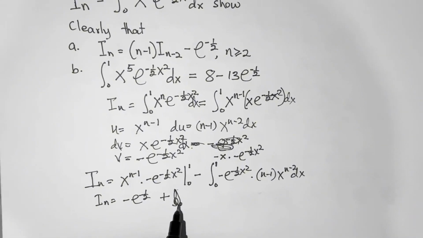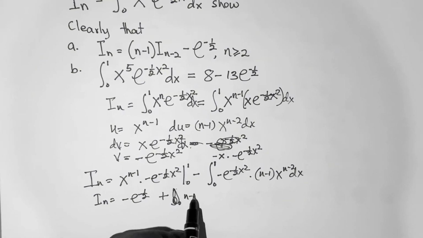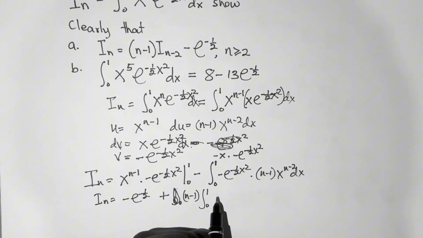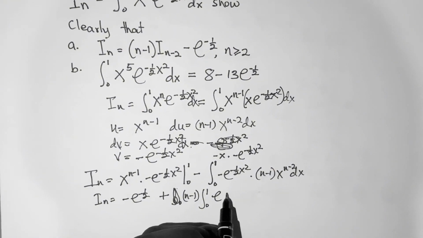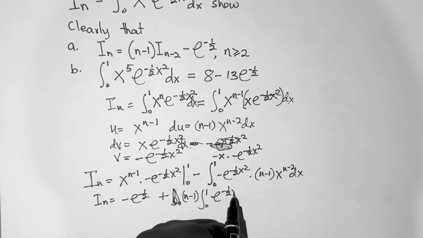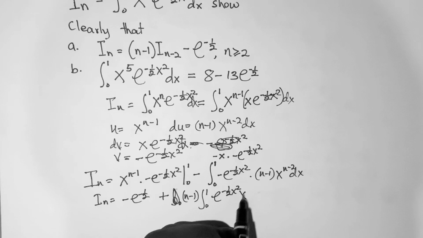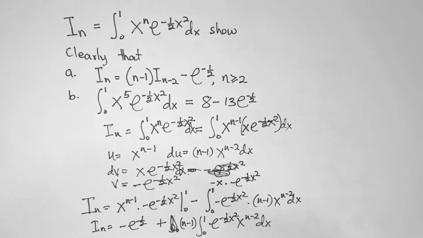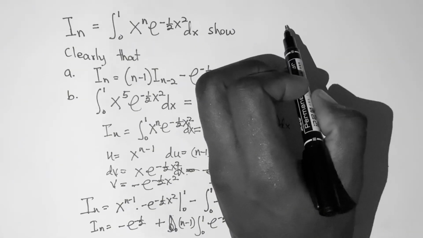Let's bring out n minus 1. So n minus 1 then times the integral from 0 to 1 of e^(-1/2 x^2) x^(n-2) dx. So let's just continue from here.